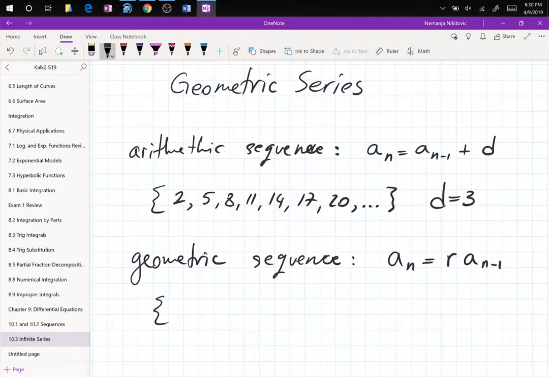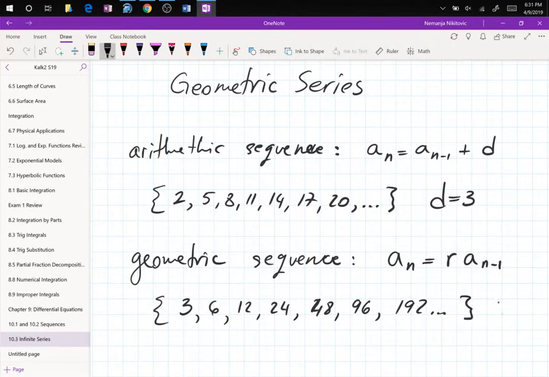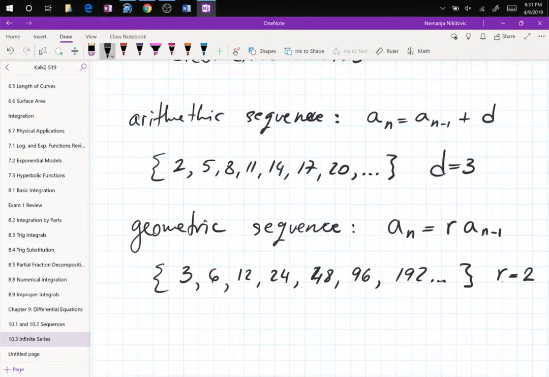So let's use 3 and then times 2 every time. So 3 times 2 is 6, times 2 is 12, times 2 is 24, times 2 is 48, times 2 is 96, times 2 is 192, and then go on. R equals 2. I have been doubling this every time.